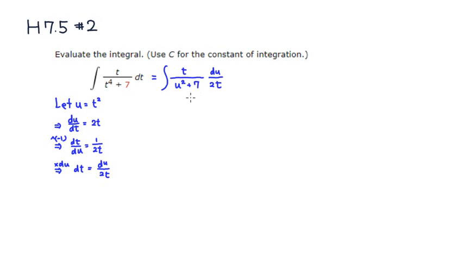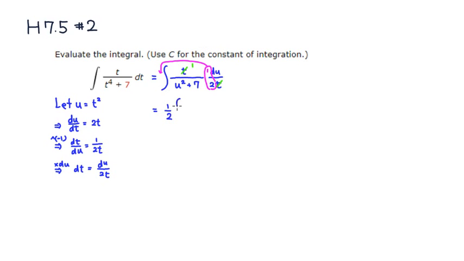Then we can cancel a t on top and a t on the bottom, so that's going to give us 1. And then also, the 1 over 2 is just a constant, so we can place it in front here. So 1/2 is outside.